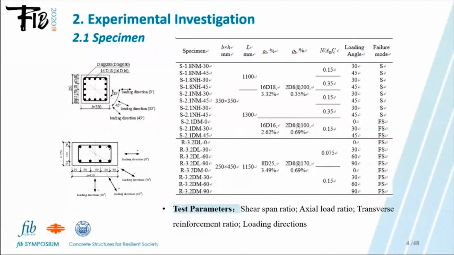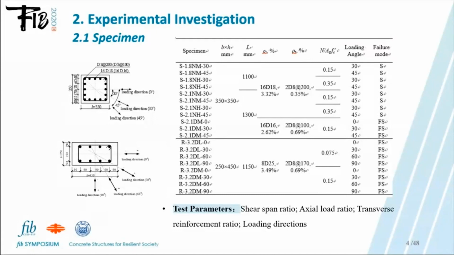Second, experimental investigation. To this end, a comprehensive study was undertaken at Tongji University in order to better understand the behavior of long seismically detailed RC columns under multi-directional loadings.